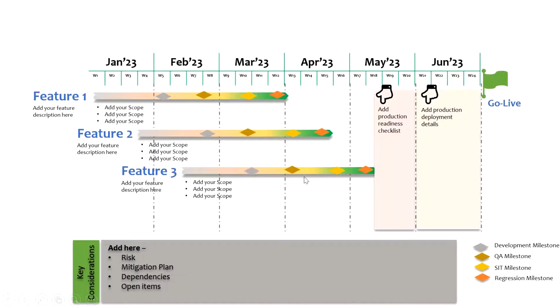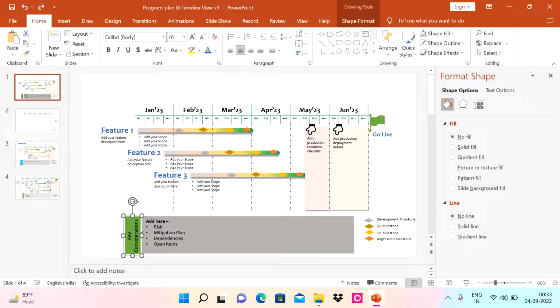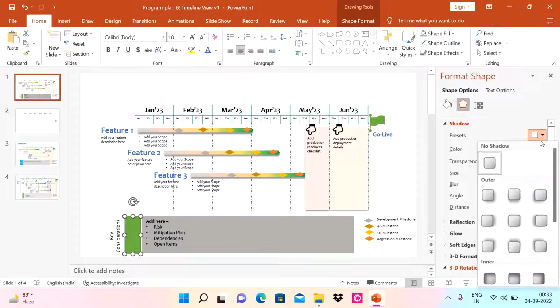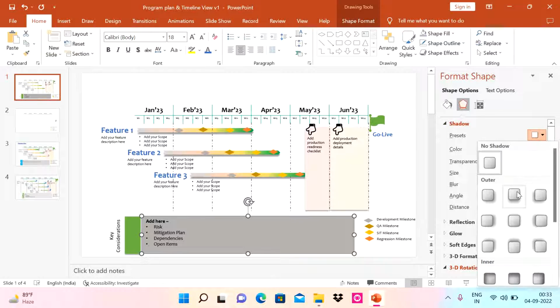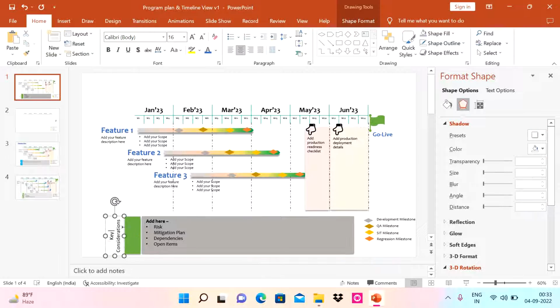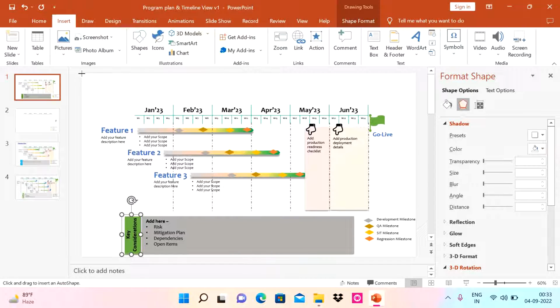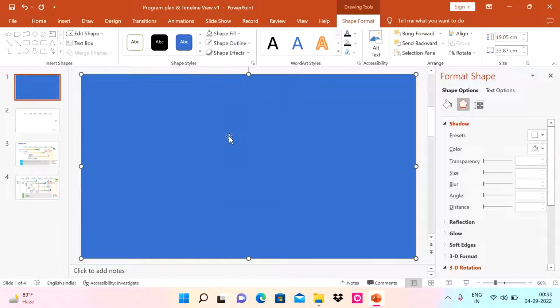So now I added, okay, I think the effect also went to the text. Let's do Control Z. What I'm going to do is add an effect to this. Go here, take this one, then select this, go here, select this one. Okay, now I can bring it back here. Okay, so what I'm going to do is insert a shape here, which is a rectangle, and cover this one, say no outline.